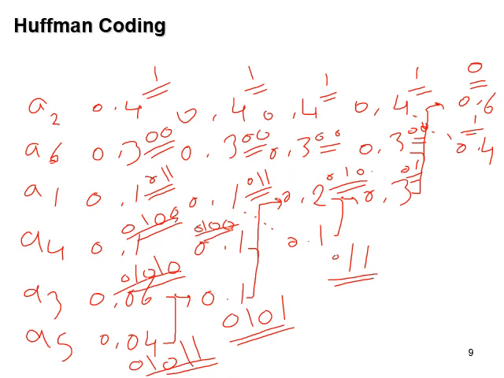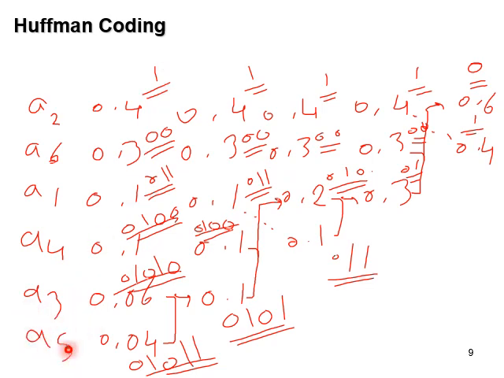Now a couple of things to note here. First of all, you can see that symbols that have a high probability of occurrence, like A2, which has a probability of 0.4, have the shortest code, a code of just 1 bit.